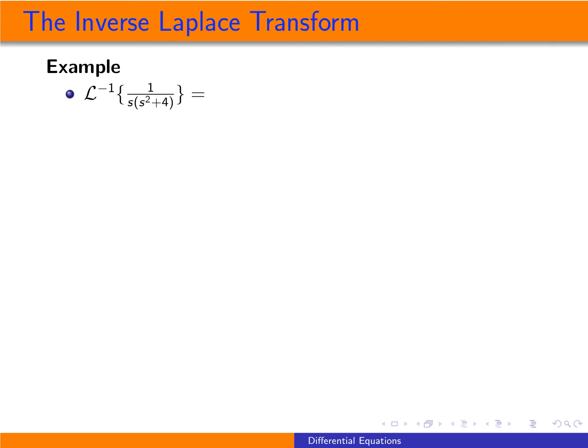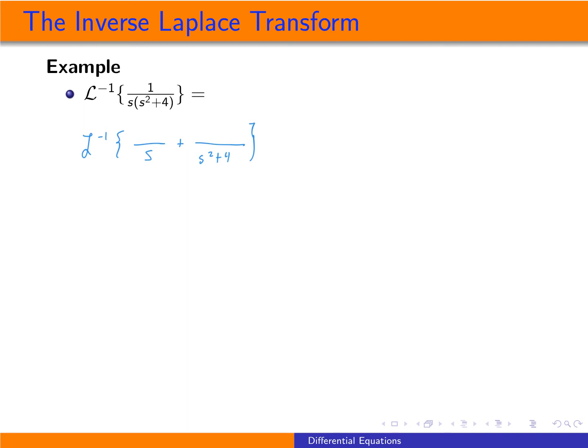The idea being, if I could instead have the inverse transform of some number over s plus some number over s squared plus 4, then I would note that the first one is going to be a formula we know, and then the second one is also going to be a formula that we know. So we just need to take care of that partial fraction decomposition.